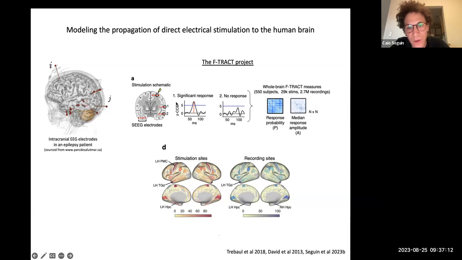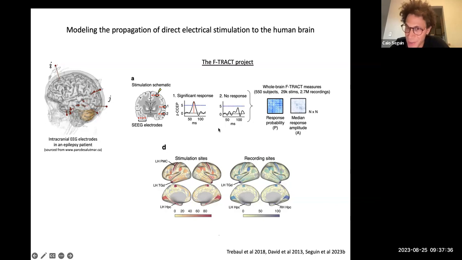So you have the cortical evoked potential in a downstream region. So here, region 1, and you can record a significant response if this cortical evoked potential goes over a certain threshold. So in region 1, we observe a significant response. In region 2, this activity does not go over a certain threshold, so we don't observe a significant response.